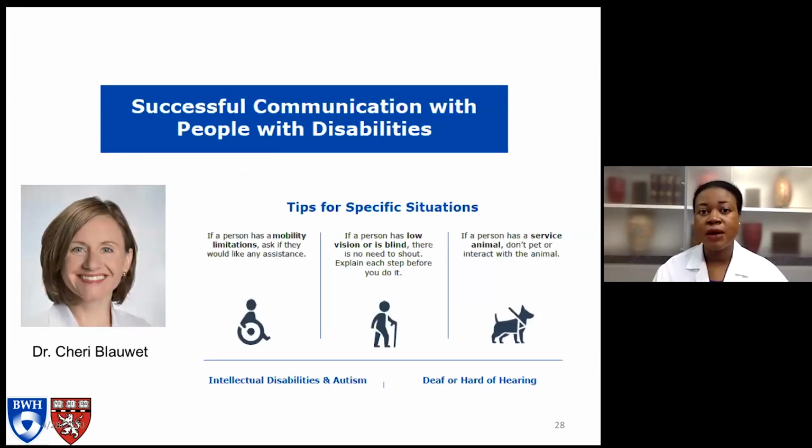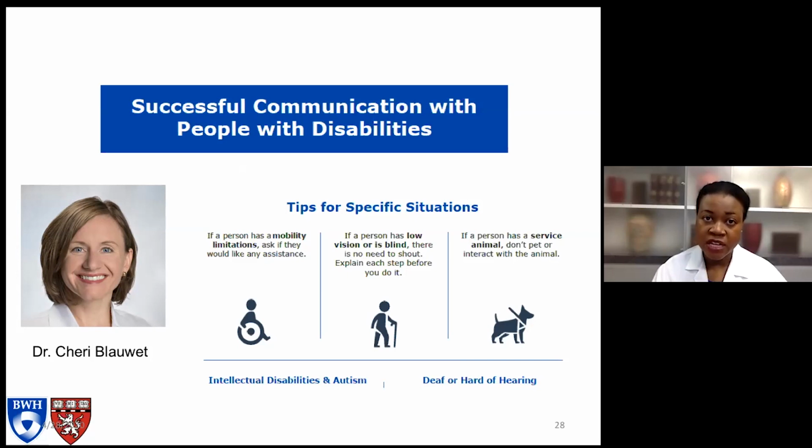We need to think about important intersectionalities, such as communicating across difference and communicating well with patients who have disabilities. And there are specific tips for multiple scenarios that we took into account, including tips for communicating well with patients who have mobility limitations, patients with low vision and blindness, and patients who have service animals.